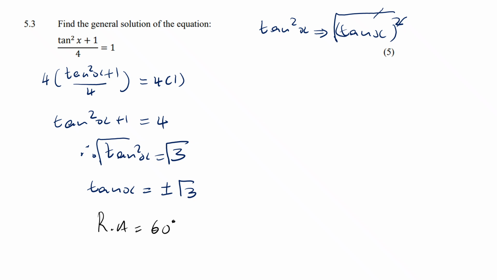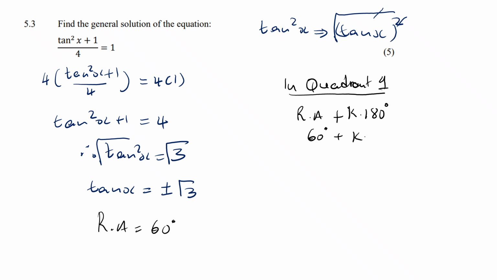In quadrant 1, the solution will be you take your reference angle, then you add k times 180 degrees, where k must be an element of the real numbers, and you already know your reference angle. It's 60. So the solution in quadrant 1 is 60 degrees plus k times 180 degrees. That's your solution in quadrant 1.